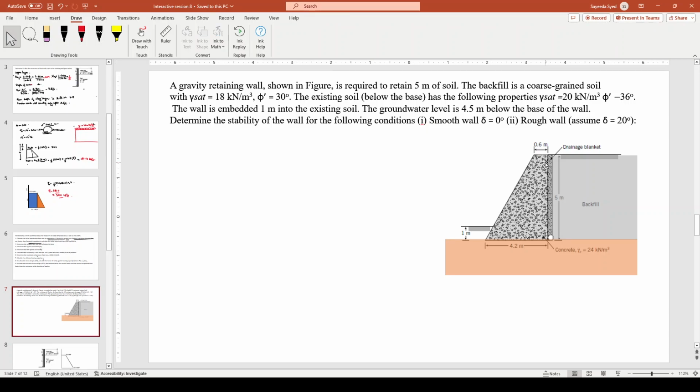Soil above the base is more relevant for a cantilever type system in which we have an overhang like this. Then we calculate this weight because it is resisting weight. Then we determine the factor of safeties. Okay. So let us do that.